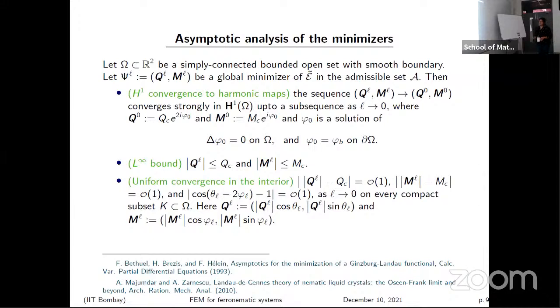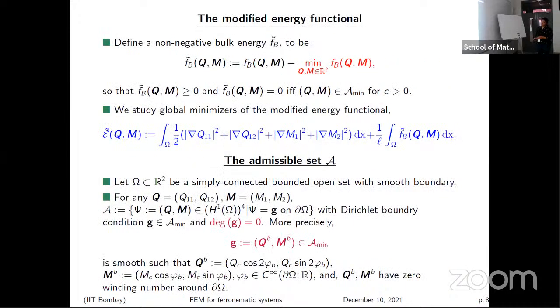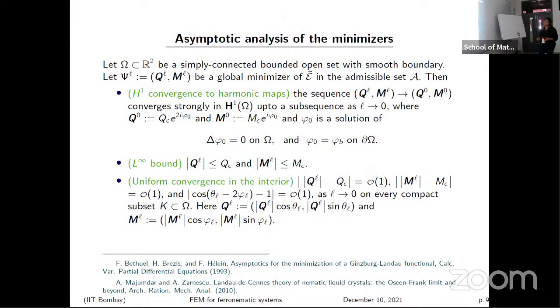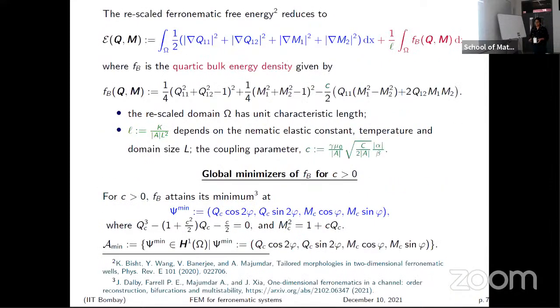And this limiting function will have this particular form where it is constructed using a harmonic function to satisfy this given boundary data. So recall that this boundary data phi_d is associated to the Dirichlet boundary data we have considered. So this is the uniform bound result for the absolute value of Q_L and the absolute value of M_L. This result is not ours. So this was already available in the literature and found in this work.